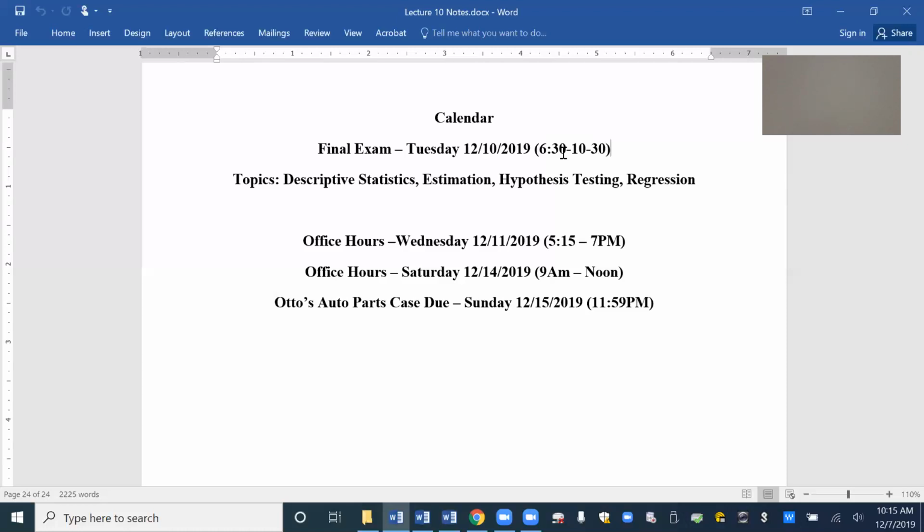So we may have to play musical classrooms. Hopefully we can find a classroom that's available. We know this one would be available at 8 o'clock, but instead of going from 8 to midnight, which is several hours past my bedtime, I would like to not. I don't want to bring my jams in. I don't think you want that either.